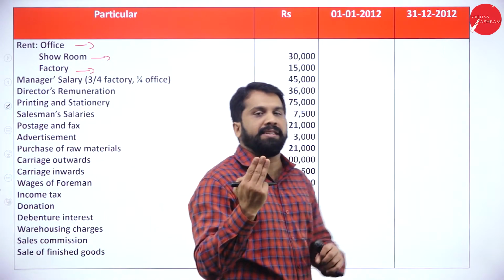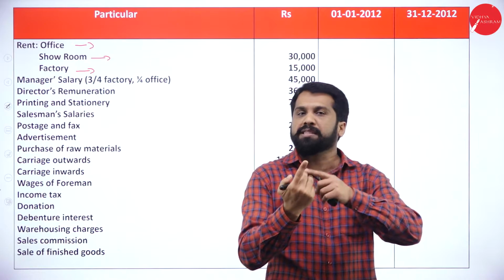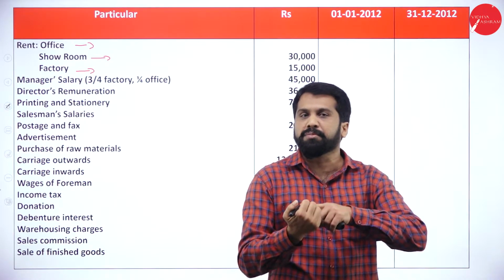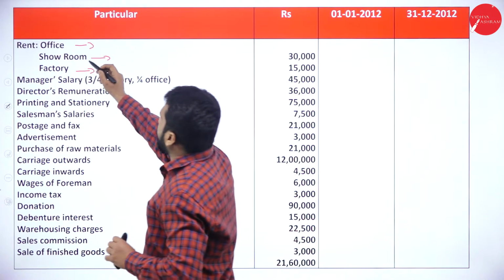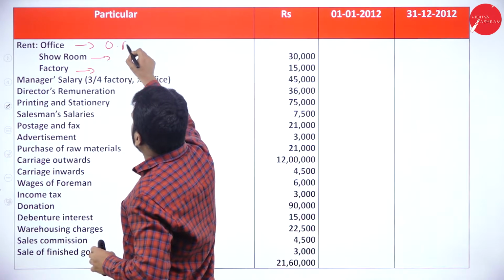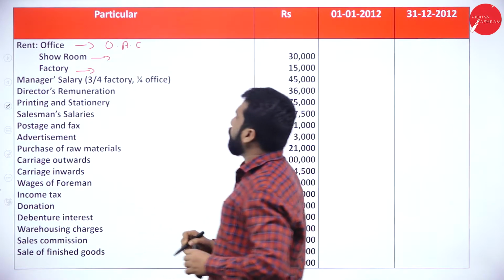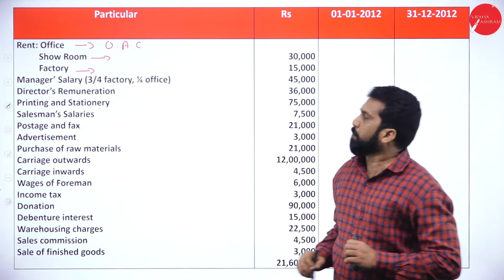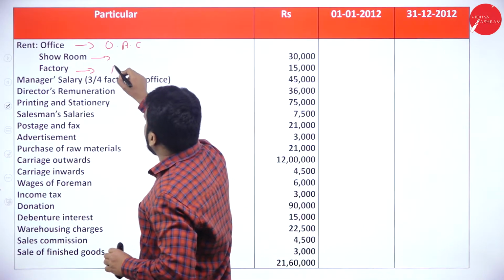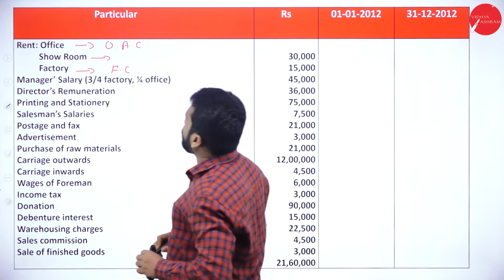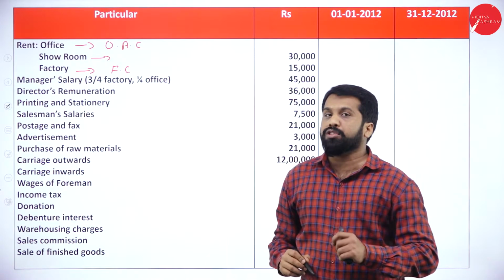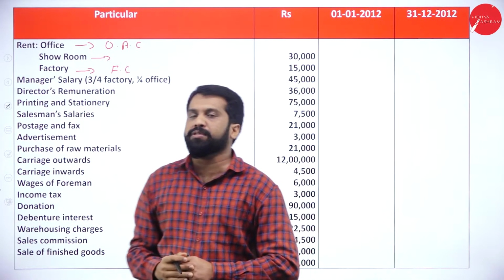So we have three things: factory, office and administration, selling and distribution. Now, rent of office comes under office and administration cost. Simple. Factory comes under factory cost. These two are simple. What about the showroom? Why do we use a showroom?